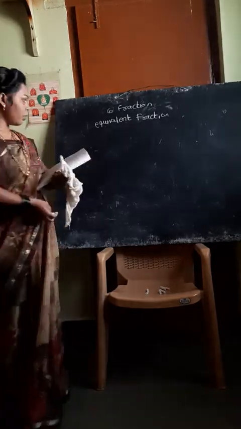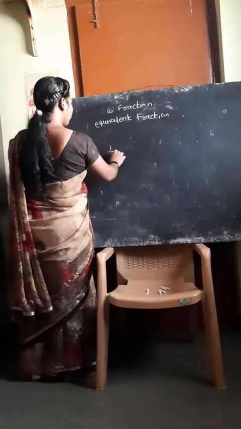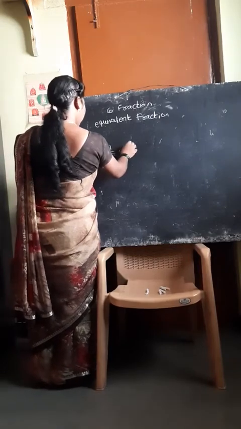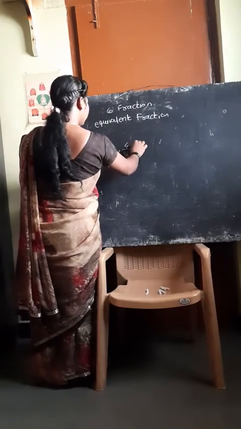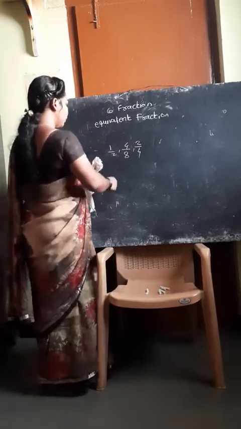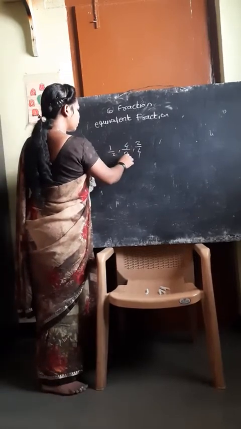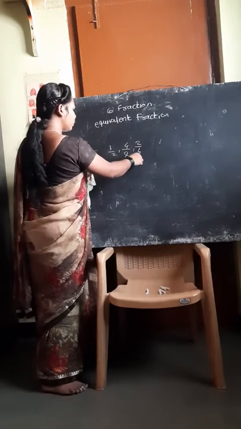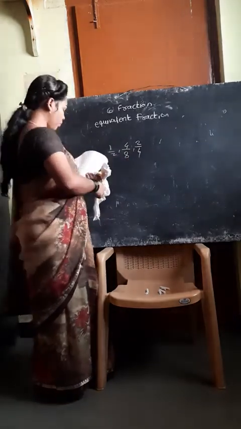Since we have been given 1 by 2, 4 by 8, 2 by 4, they represent the same part. 4 by 8 means 1 by 2, and 2 by 4 is the same as 1 by 2.